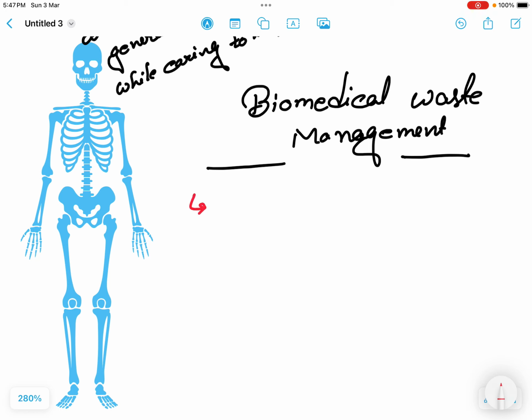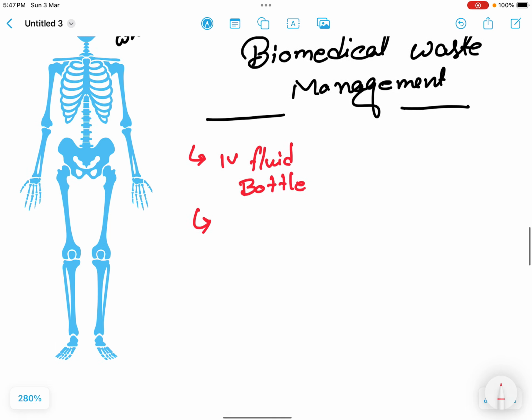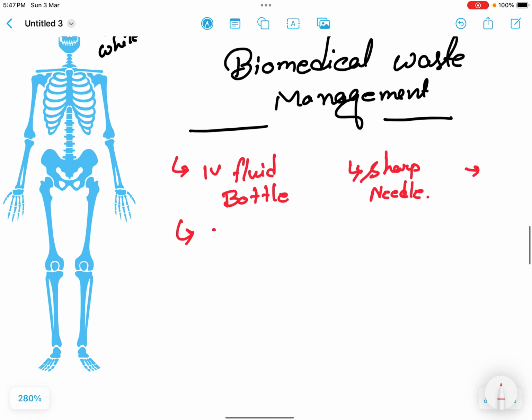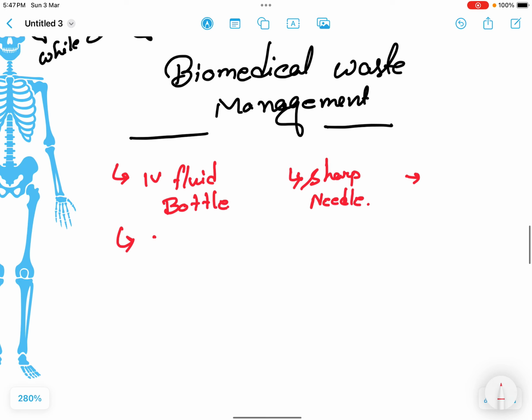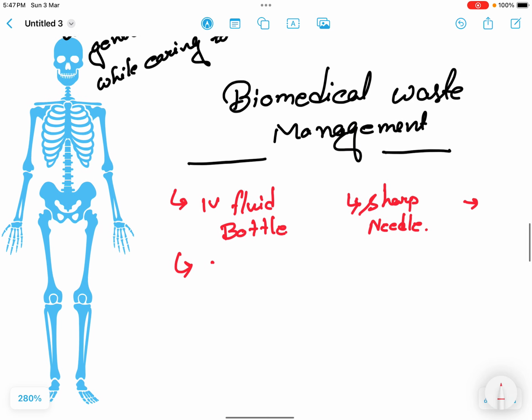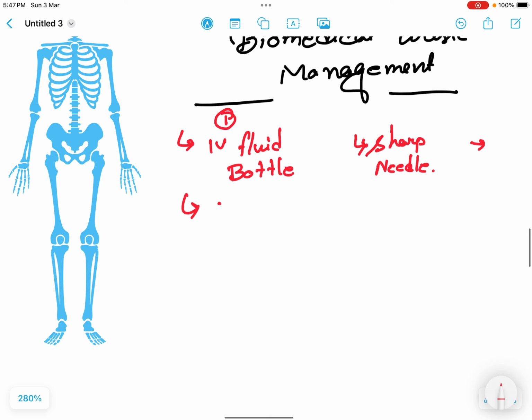So it can be differentiated, like IV fluid bottle, next is sharp needle. It can be differentiated also, so we have to take a couple of columns to differentiate all the biomedical waste in the hospital sector. First of all, we make column number one.